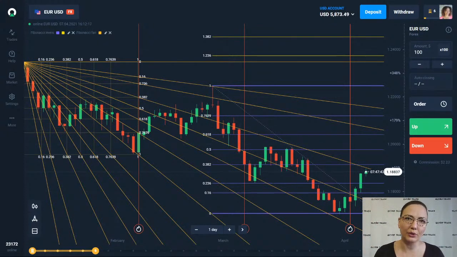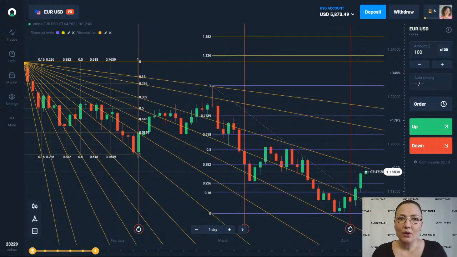This can happen during a deep correction. And also the price may break through this level, move beyond the 61.8, which may mean with a high probability that the global trend direction is changing. So remember, the 61.8% Fibonacci level is very important.